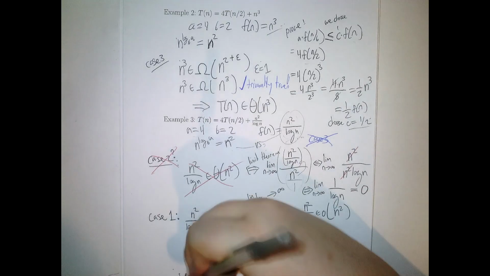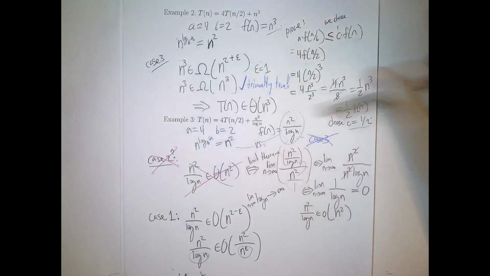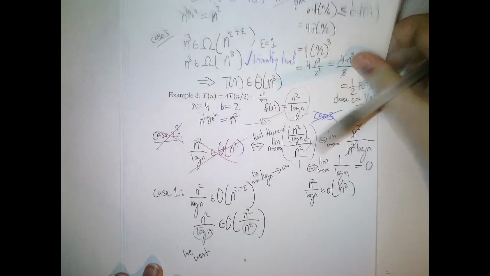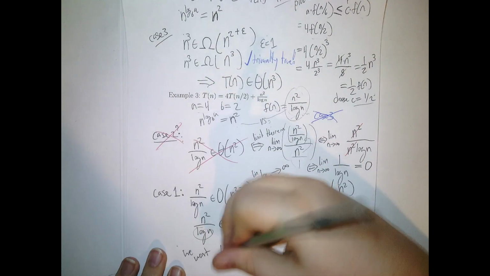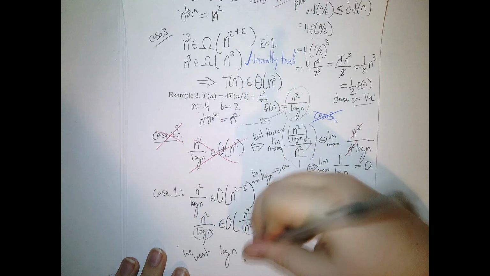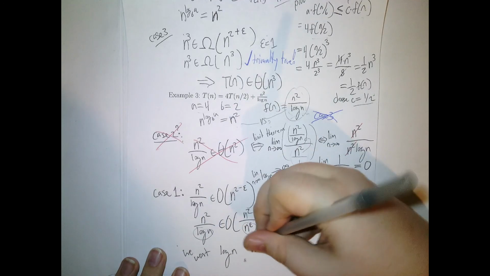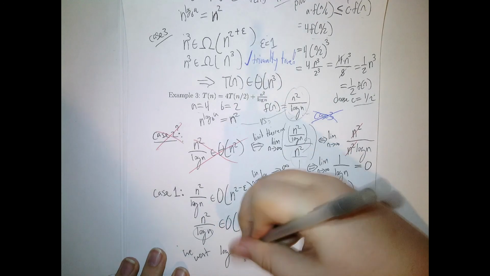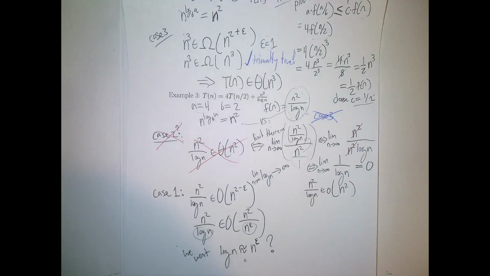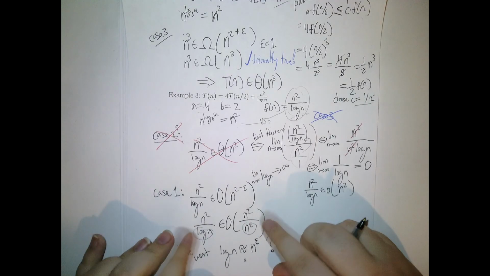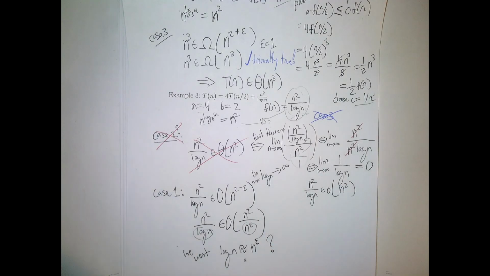So in a sense, what we want is to find an n to the epsilon that's roughly the same as log n. If we can, then we can just cancel out that difference between the left-hand side and the right-hand side.